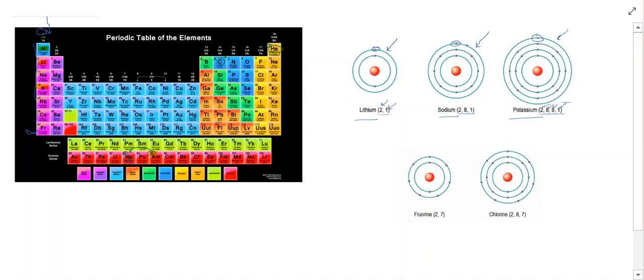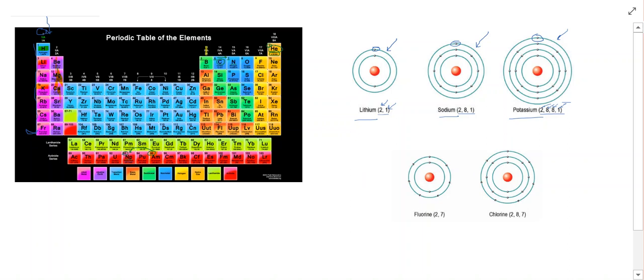And what they have in common is that they all have 1 electron in their outer shell. They all have different numbers of protons and electrons, but when you come to the very outermost shell, all of the group 1 elements have 1 electron. If we take the group 2 elements, like magnesium and these guys here, within the group 2, all of these guys here, they're going to have 2 electrons in their outer shell.